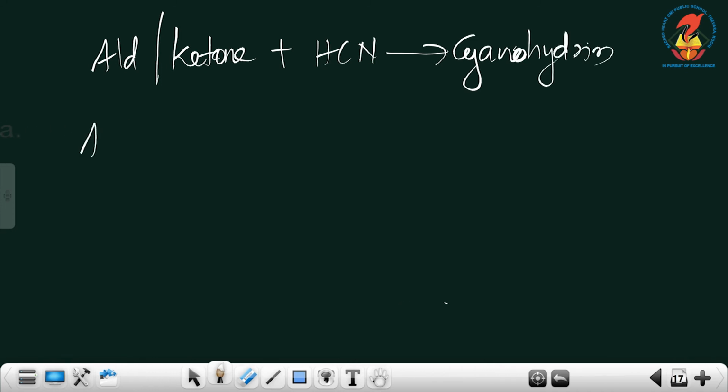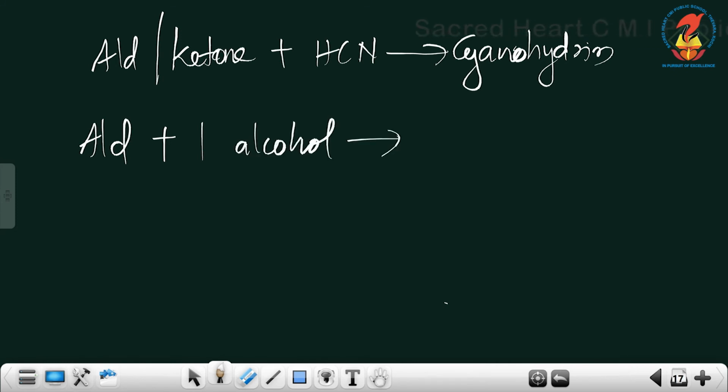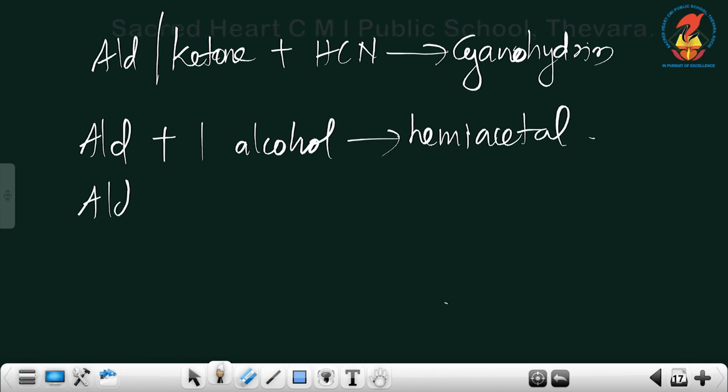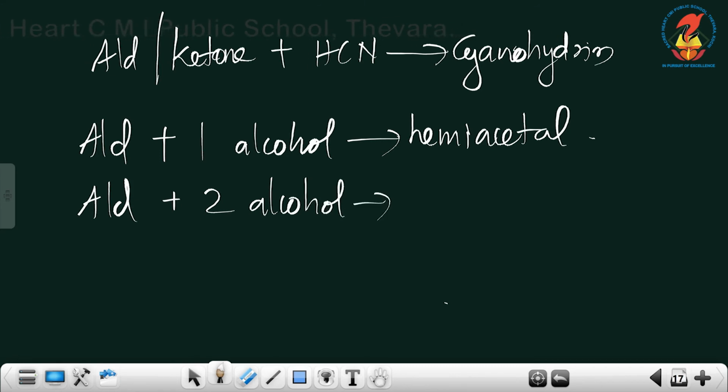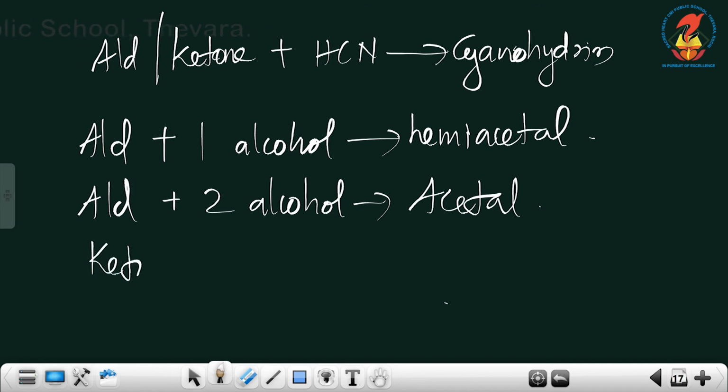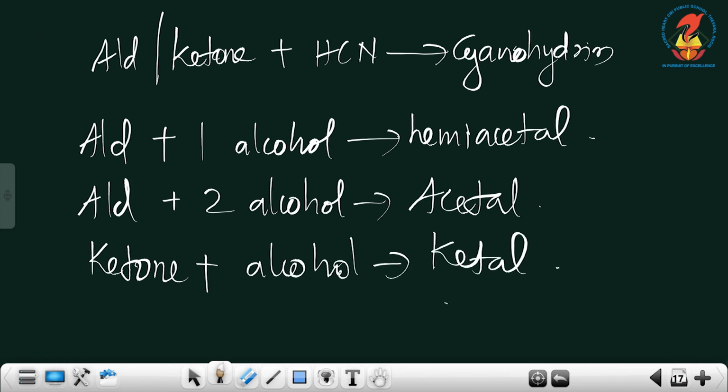When aldehyde reacts with one molecule of alcohol, it gives hemiacetal. When aldehyde reacts with two molecules of alcohol, it gives acetals. Then when ketone reacts with alcohol, it gives ketal.